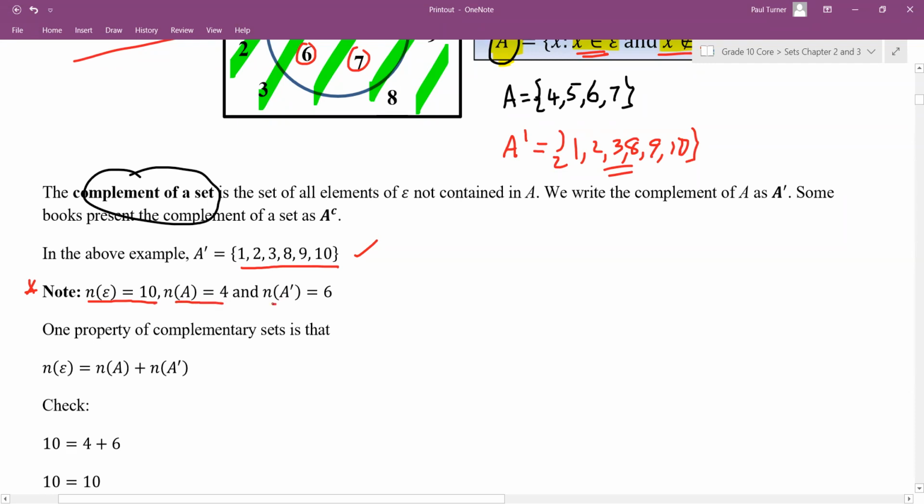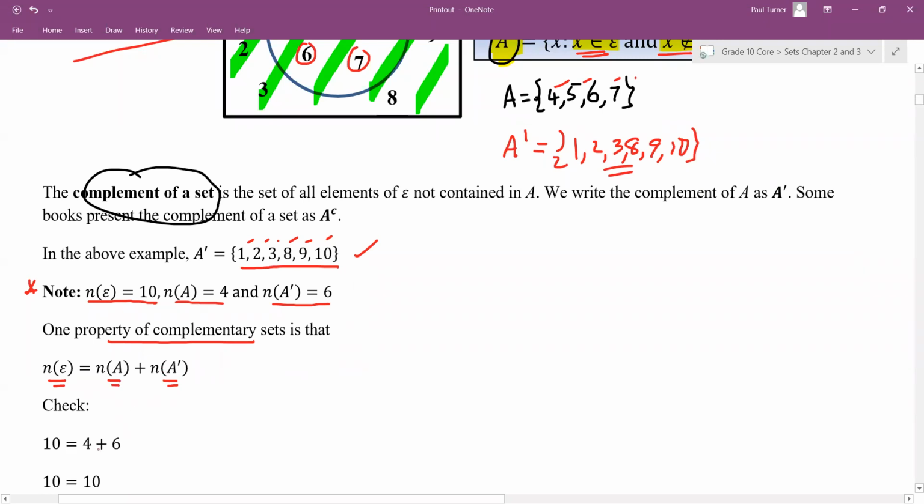And the number of elements in not A is 6, right? 1, 2, 3, 4, 5, 6. And the number in A is 1, 2, 3, 4 up here. So this is one property of complementary sets: the number in the universe is the sum of the number in set A plus the number that is not in set A, always.